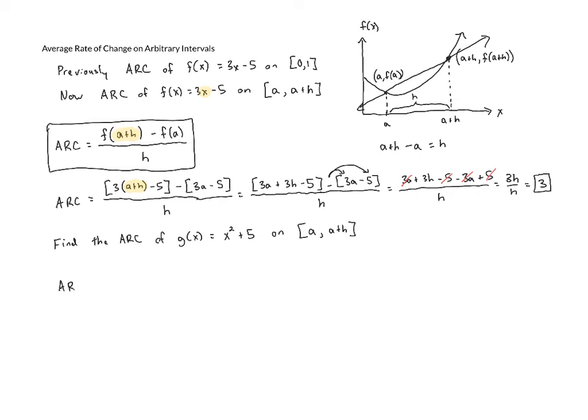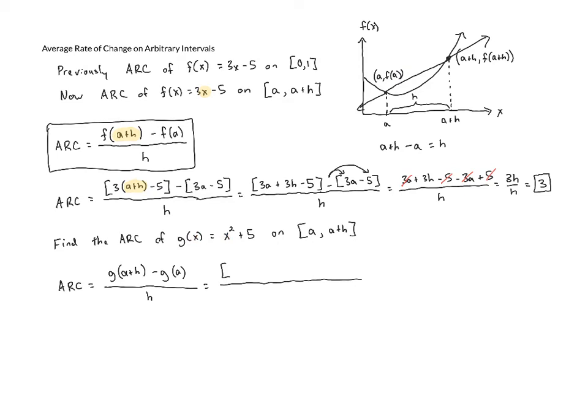So to find the average rate of change, we need to take g of a plus h minus g of a all over h. This is going to be more complicated algebraically. So let's look at g of a plus h. This is going to be our function g, but instead of x as an input, we're going to have a plus h as an input.